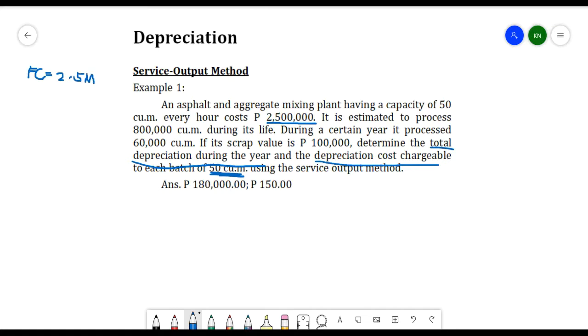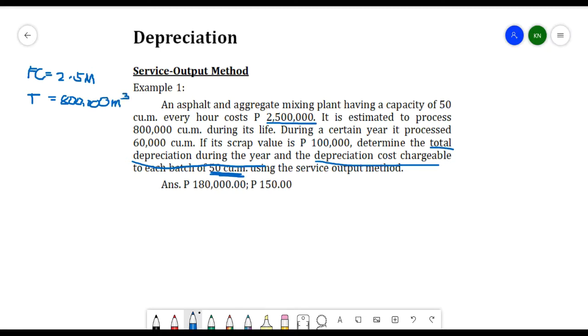It is estimated to process 800,000 cubic meters during its life. Meaning to say, our T, or the total units of output up to the end of its life, is equivalent to 800,000 cubic meters.